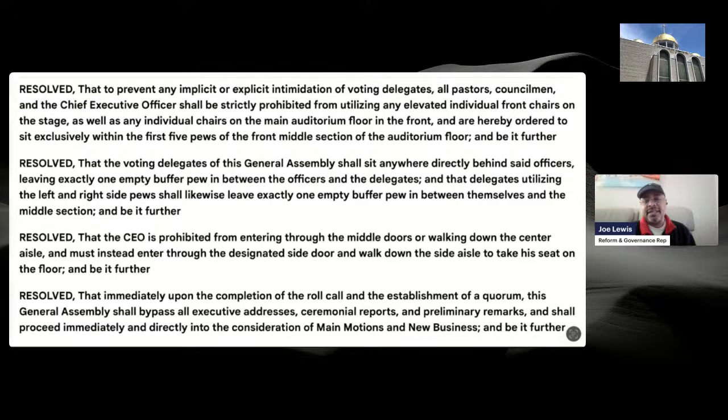And be it further resolved that the voting delegates of this General Assembly shall sit anywhere directly behind said officers, leaving exactly 1 empty buffer pew in between the officers and the delegates.